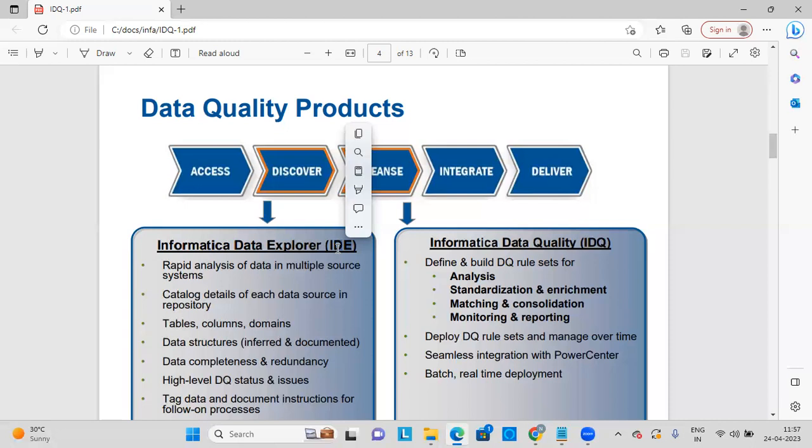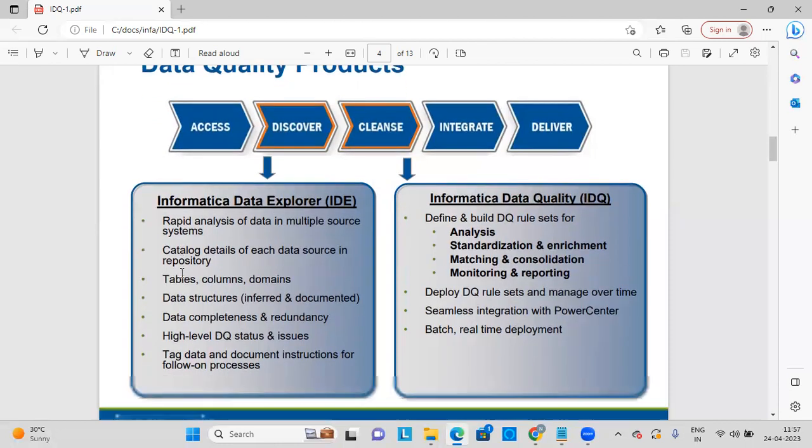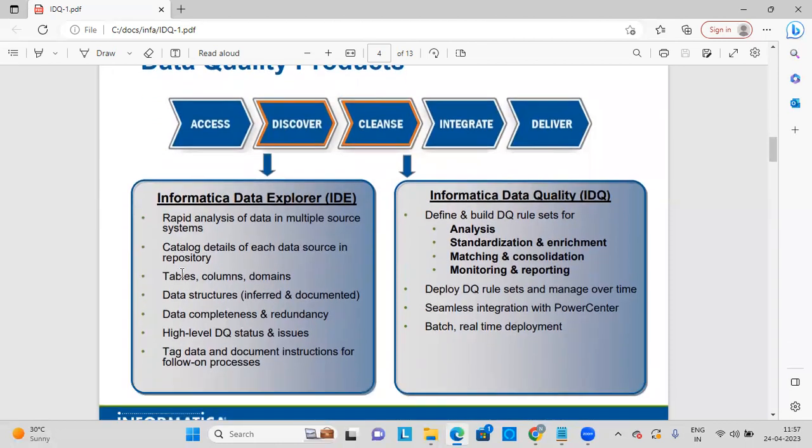An issue could be of any sort. But as a solution provider, we need to know how to identify those issues. Now let us talk about some of the bullet points that we have under this explorer part and also the quality part.